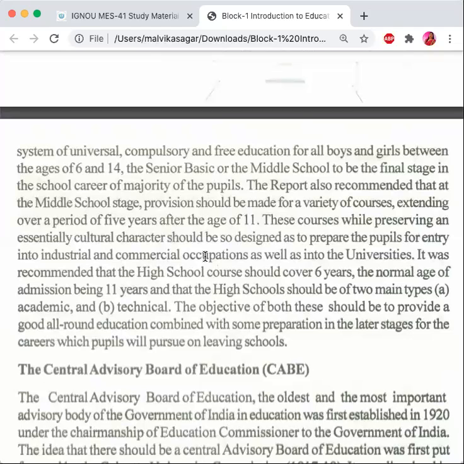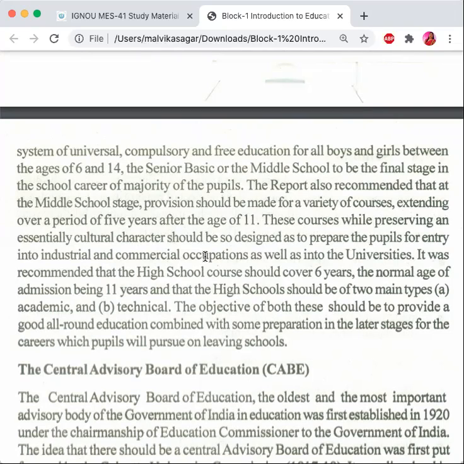The report also recommended that at the middle school stage, provision should be made for a variety of courses extending over a period of 5 years after the age of 11. These courses, while preserving an essentially cultural character, should also be designed to prepare the pupils for entry to the industrial and commercial occupations as well as into the universities.